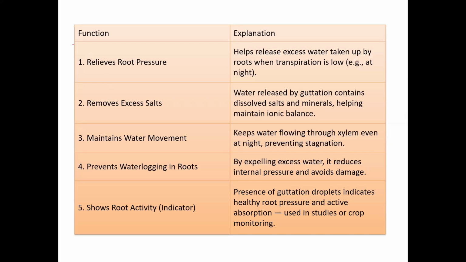Now come to the function and reasons why guttation takes place: to relieve root pressure, helping release excess water taken up by the root when transpiration is low. So the plants which do not efficiently do transpiration lose water by the process called guttation through structures called hydathodes. It also removes excess salt. Water released by guttation contains dissolved salts and minerals, helping maintain ionic balance in plants.